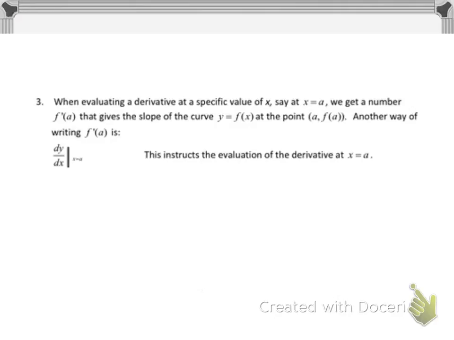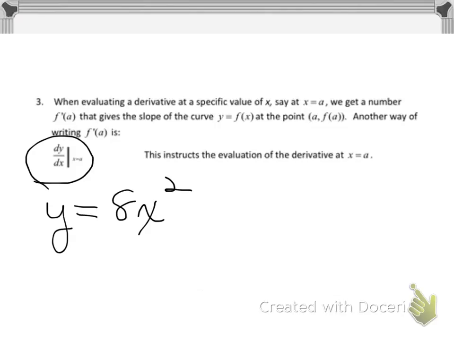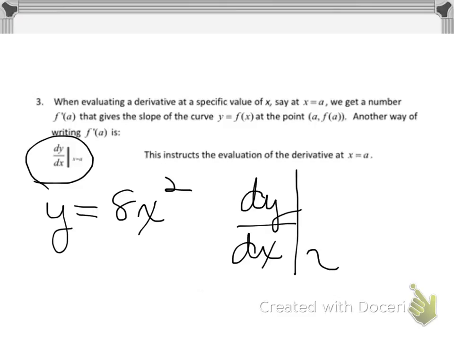Another way of writing f prime of a is this. So for example, if they tell you that y equals 8x squared, and then they write dy dx, they want you to find dy dx and evaluate it where x equals 2.